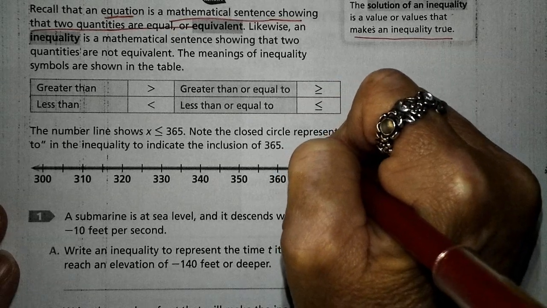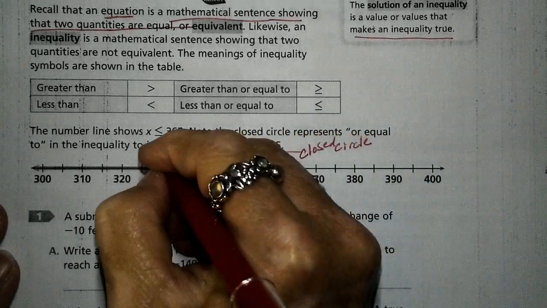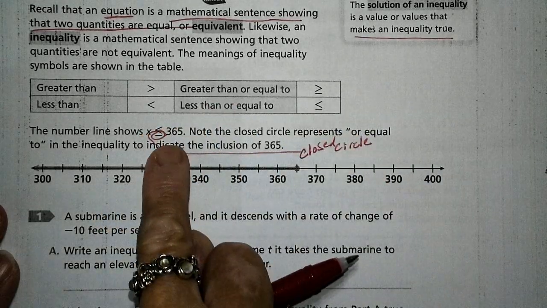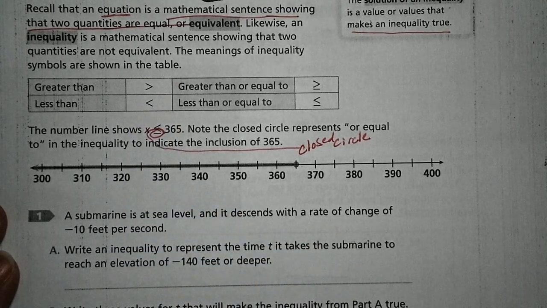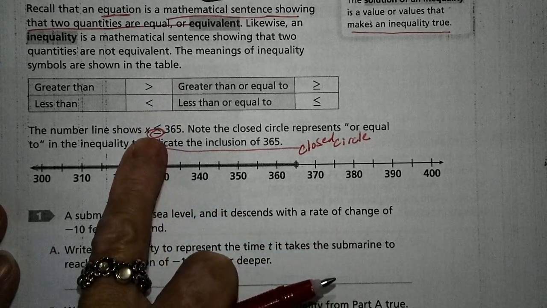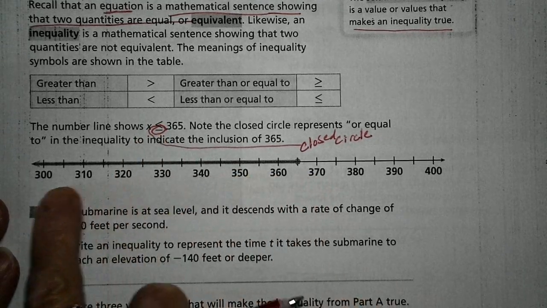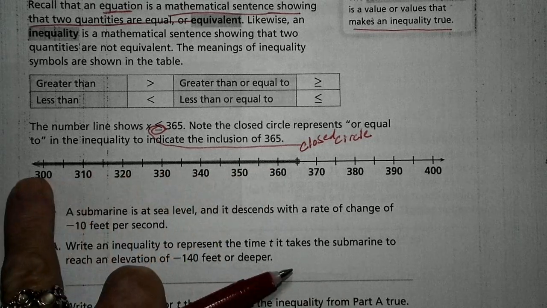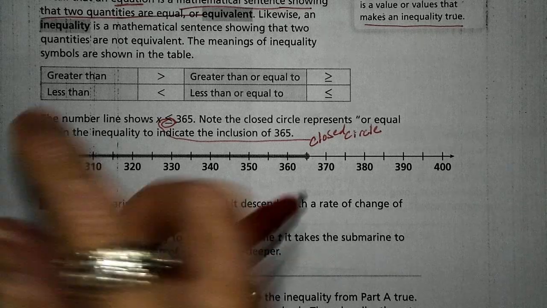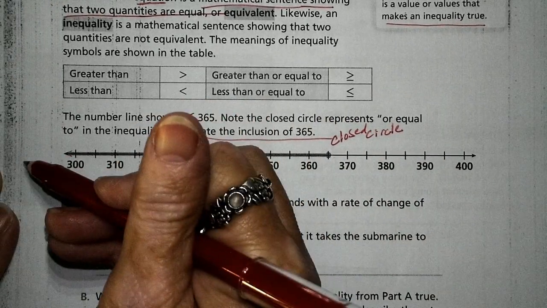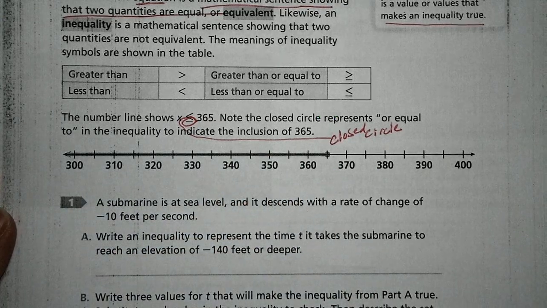So in order to be a closed circle, it has to have that equal mark under the inequality. It's telling me that x is less, so that means all my values have to be this way. And so we knew that 200 was in there, and it's further this way, right? So even though it's not on my number line, 200 will still work. So that's what that means.